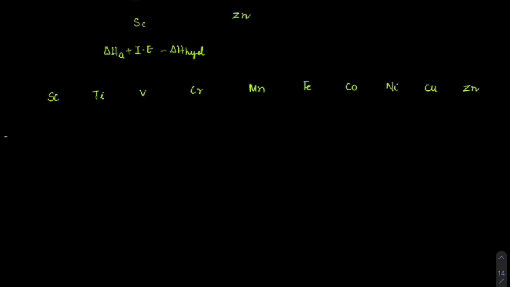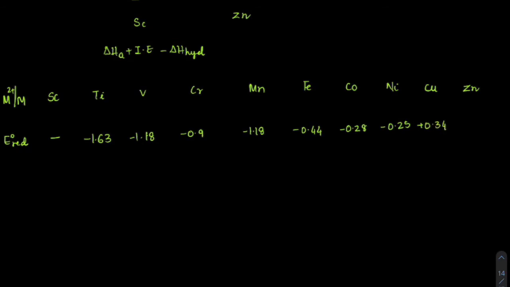The electrode reduction potential for the same, and the reduction potential we are talking about is M2+ to M, right? For scandium it is not defined because scandium does not have a +2 oxidation state, so don't worry about it. Next, it is minus 1.63 volts, minus 1.18 volts, minus 0.9 volts, minus 1.18 volts, minus 0.44 volts, minus 0.28 volts, minus 0.25 volts and plus 0.34 volts.